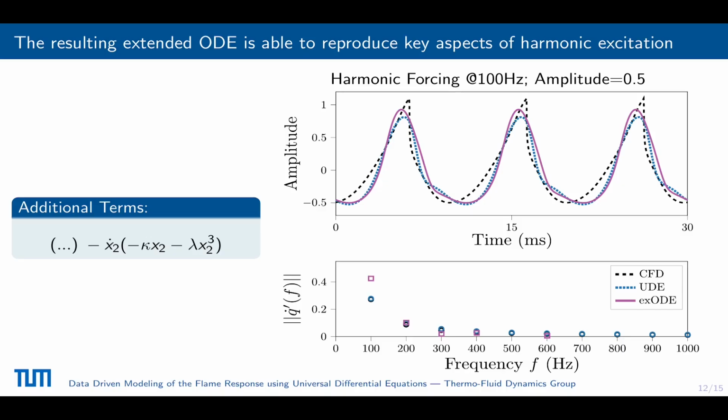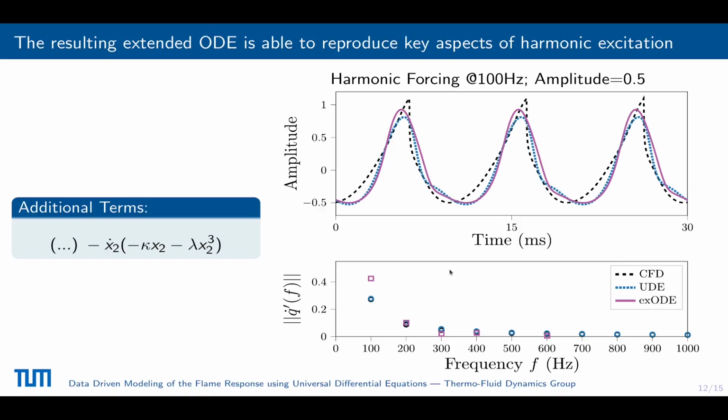And in that example here, the additional terms that we need to improve our flame model are kappa x2 and lambda x2 cubic. With those two terms only, we now obtain the purple response. And if you compare it to what we obtain in blue, so what we obtain with the UDE, meaning ODE plus NN, the response is very similar.